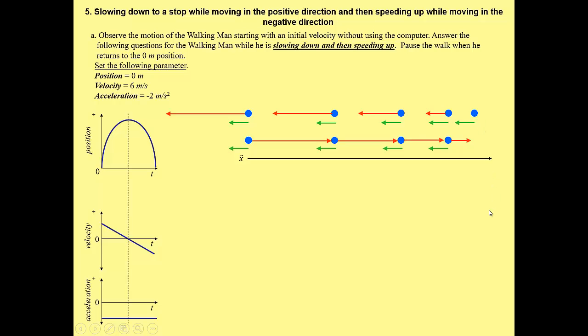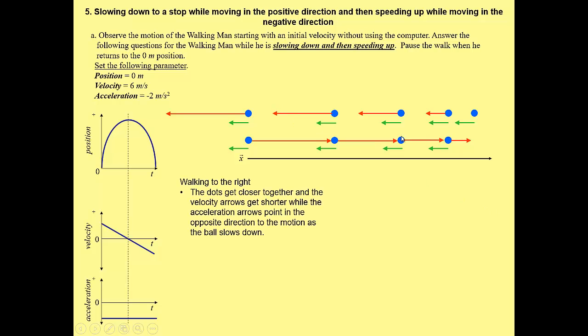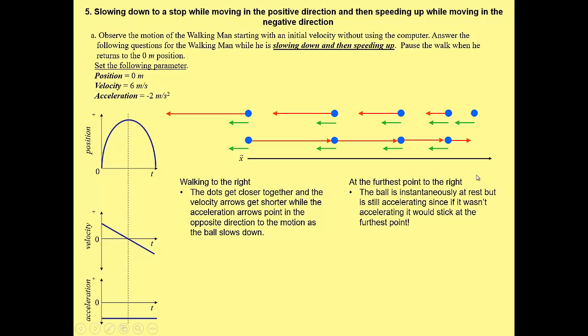So let me go through the nuances here. When he's walking to the right, the dots get closer together and the velocity arrows get shorter, and the acceleration arrows point in the opposite direction to the motion because he's slowing down. At the furthest point to the right, the instantaneous velocity is 0 because he's changing direction, but he is still accelerating because he's changing direction.